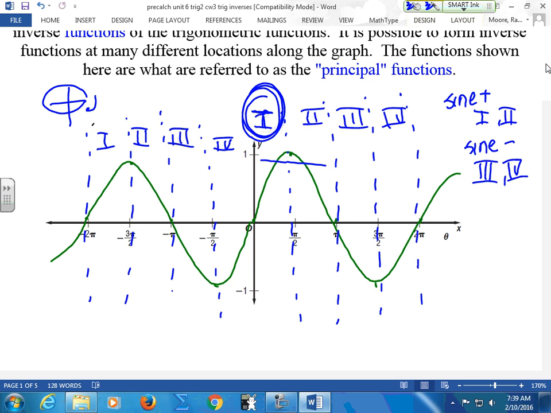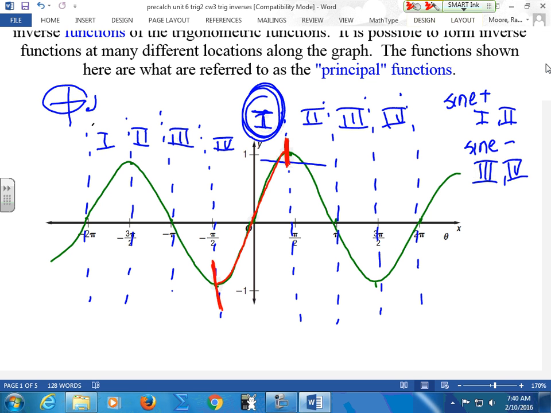Now, we're going to restrict this sine curve. We want to make a true inverse out of this. So what we want to do is come around here and stop this guy from failing a horizontal line test. Now, we can only go this far. But we notice, do we fail a horizontal line test if we go this way? No. So we go right here until we fail a horizontal line test.